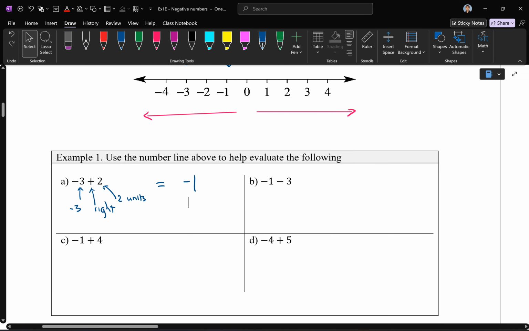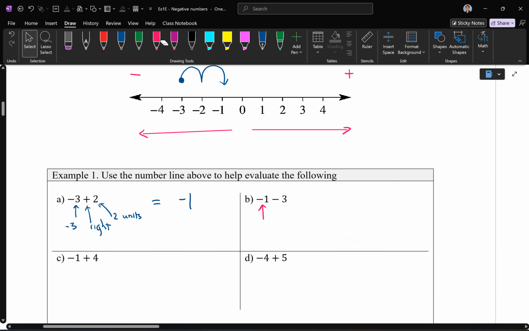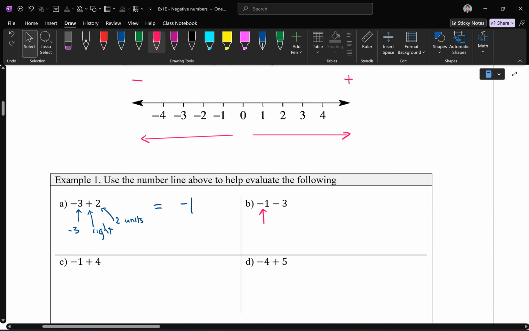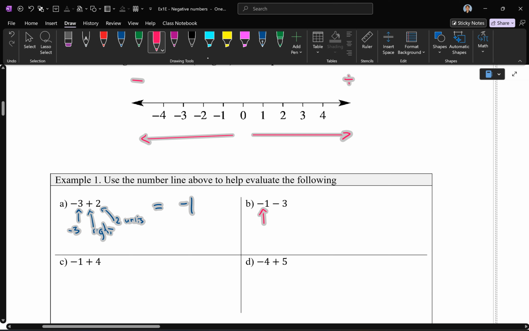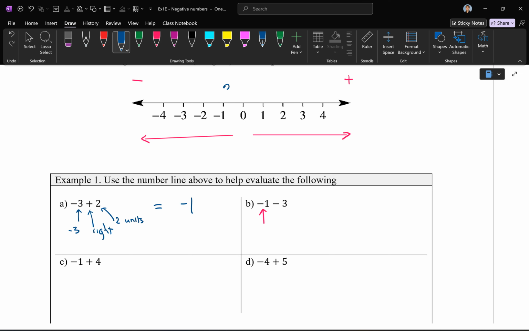Negative 1, and then you're minusing 3. So same thing again. I'm starting at negative 1. Now where's negative 1 on the number line? Is it on the left side of 0 or is it on the right side of 0? Left. So negative 1 is over here. Here we go, negative 1. I put a dot. I start off at negative 1. And then minus. Now minus tells me which direction am I moving, left or right? Left.